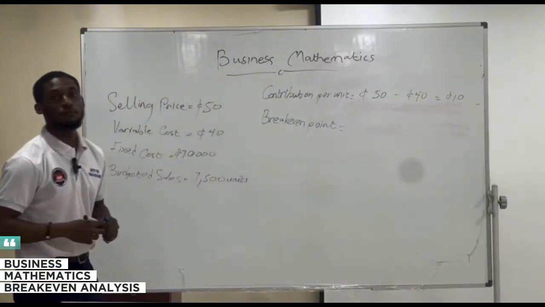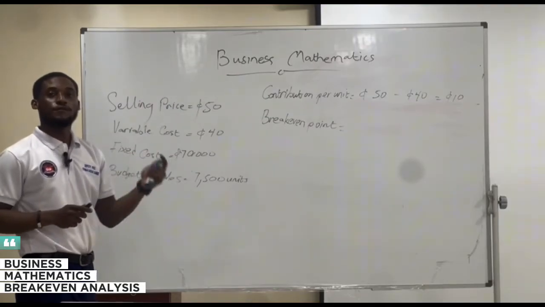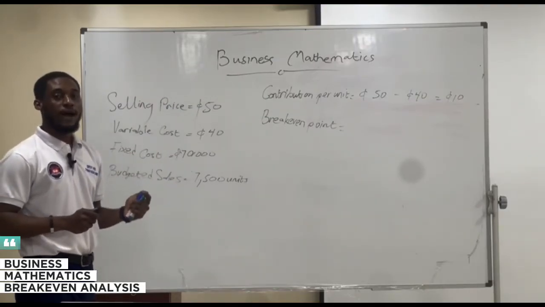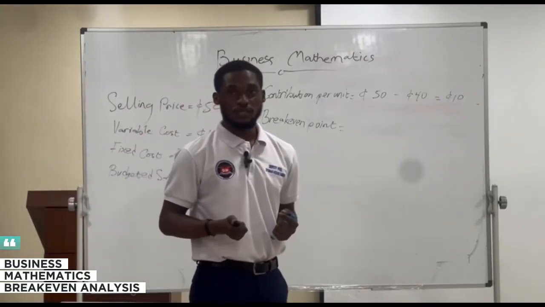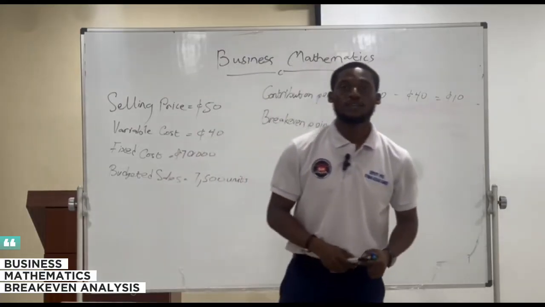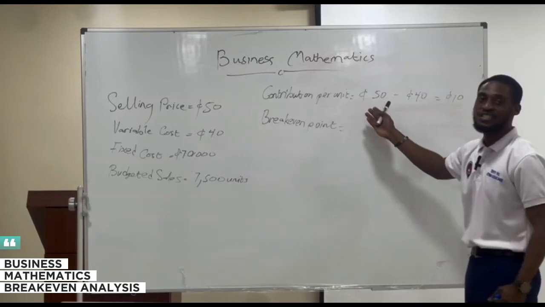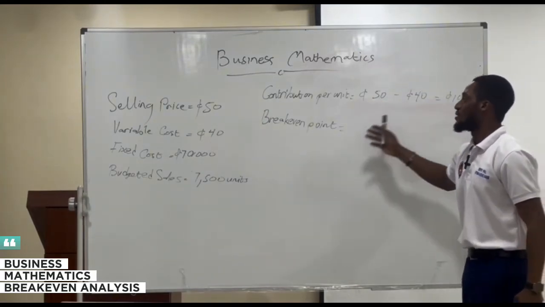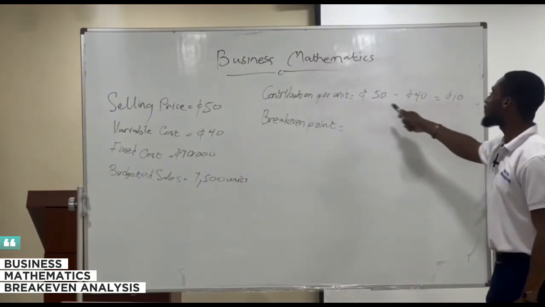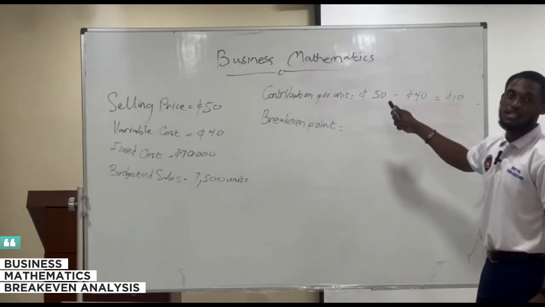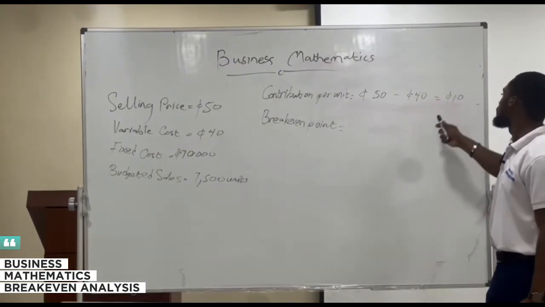Now, the break-even point, as we did earlier on, was fixed cost divided by price per unit minus variable cost. And this term, price per unit minus variable cost, can be termed as what? The contribution per unit. Because we had our selling price to be 50 and our variable cost to be 40, we have already gotten it to be 10.